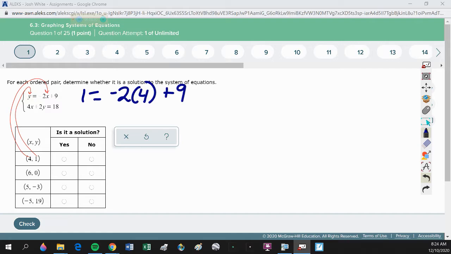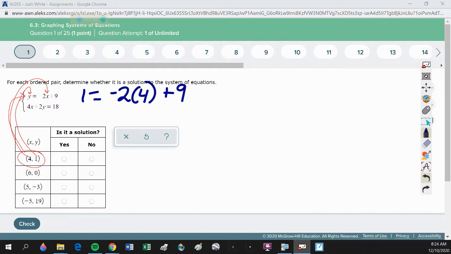That's a yes. So are we done? We actually have to plug it into both. Okay, so does this work in here?